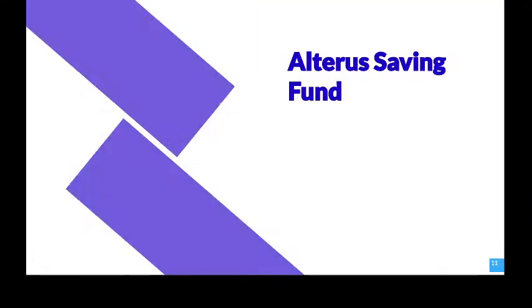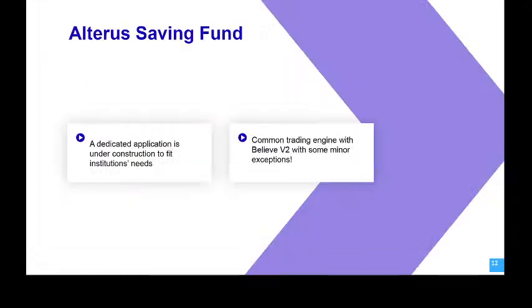Now I will move to talk a little bit, and very quickly, about the Altruist saving fund. This one is the institution version of Believe V2. The two main things you should know are that we are now providing a dedicated application for our institutions, to respond to institutions' needs: monthly withdrawal, random deposit, and how to have API and NL readjusted after each external operation.